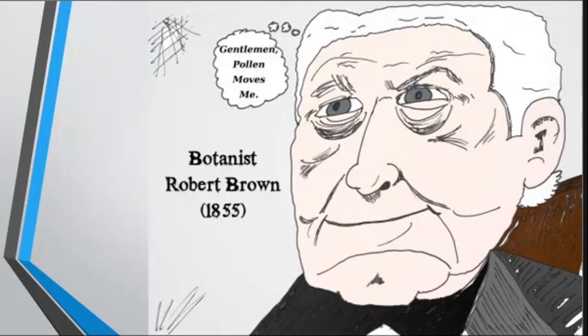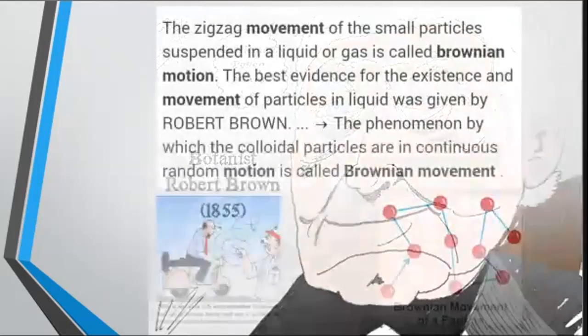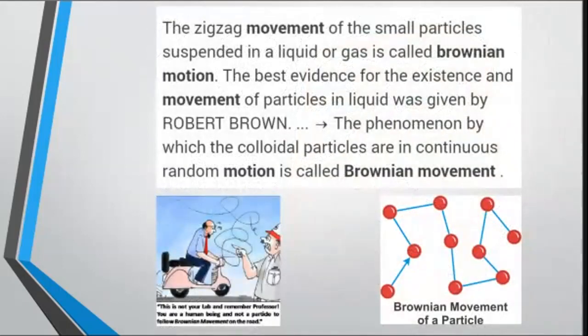The thought hit him that the dust particles were being continuously bombarded by air particles. As a result of that, we understand that the zigzag movement of small particles suspended in either a gas or in a liquid is referred to as Brownian motion, right?